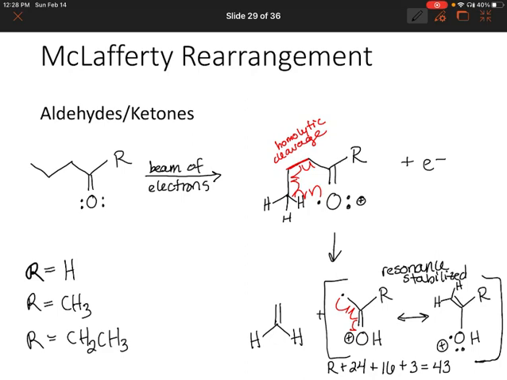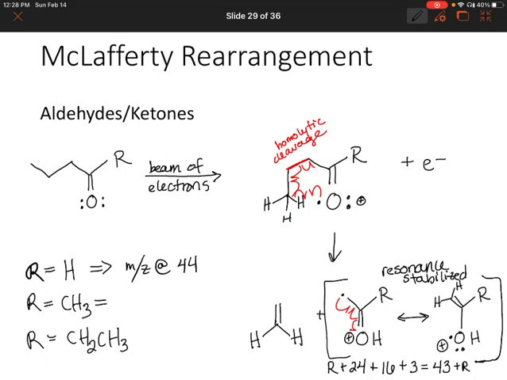Okay, so 43 plus whatever the R group is. So if the R group is a hydrogen, then the total mass would be 44. So we would see a peak at 44.